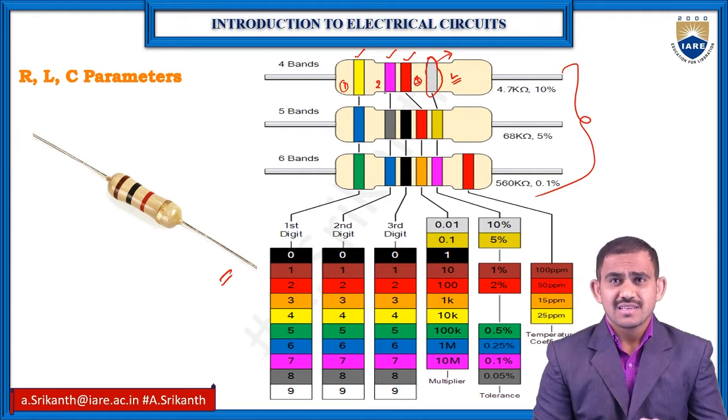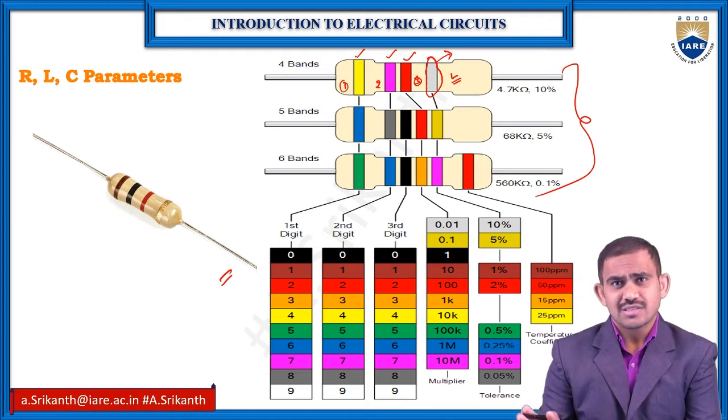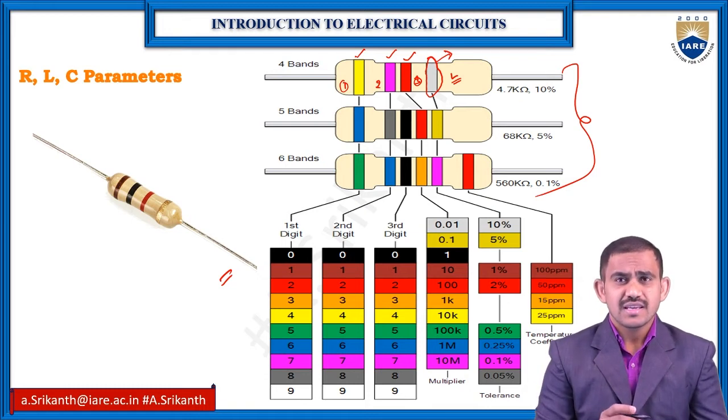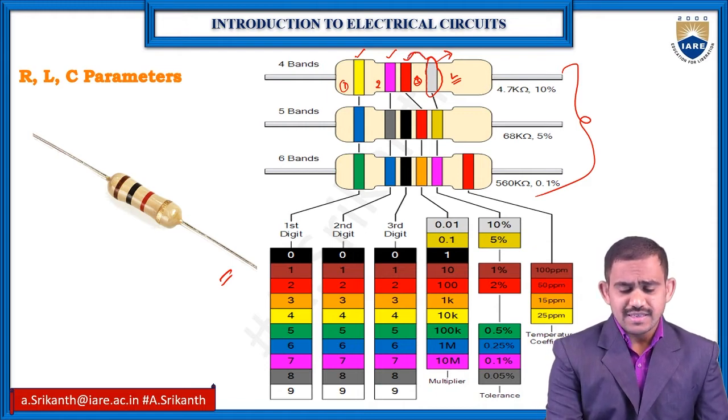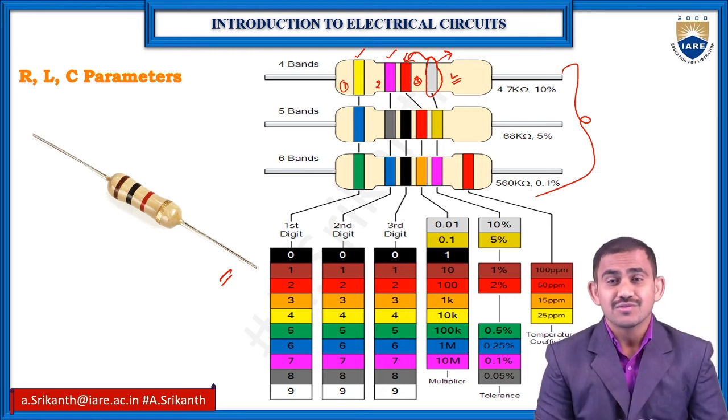The fourth one is your tolerance, which is outside. Before the tolerance, the red color is your multiplier, so you need to consider the red color as the multiplier value.